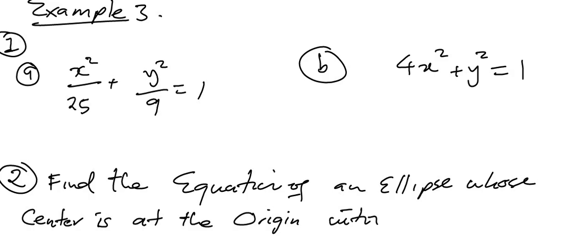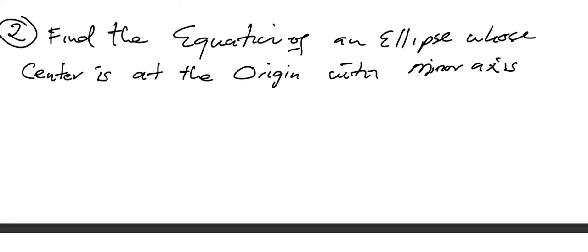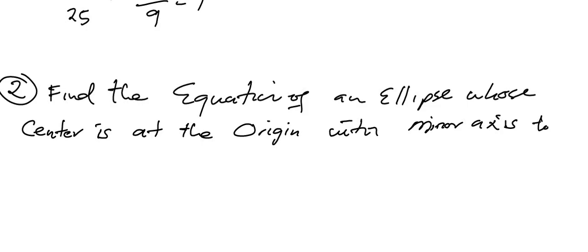Let's say with the minor axis to be 5. I'll still send a screenshot on WhatsApp in case you're unable to get it, so you can read it for yourself.